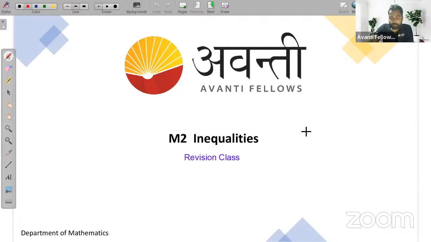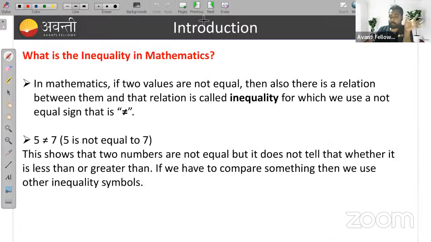So let's start. Already all of you know what inequality is. So what is inequality? Why do we use inequality? Actually, to compare two mathematical expressions, whether one is less than or greater than the other.